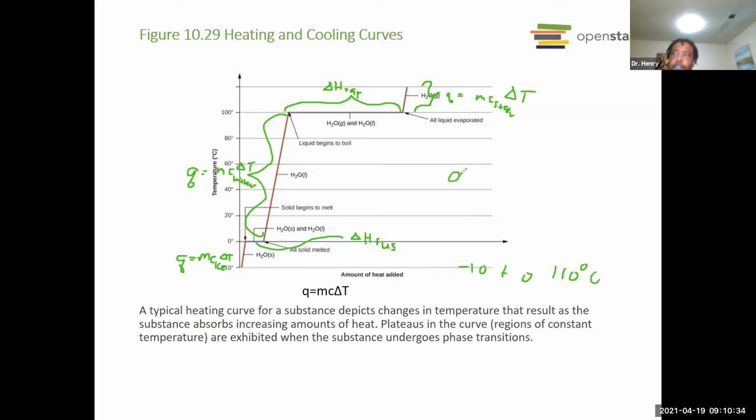So then we'd look at the Q that's going from minus 10 to 110. That's going to be equal to the sum of each of the individual parts. So it would be, we'll call this ice. We'll call this water. And we'll call this one gas.